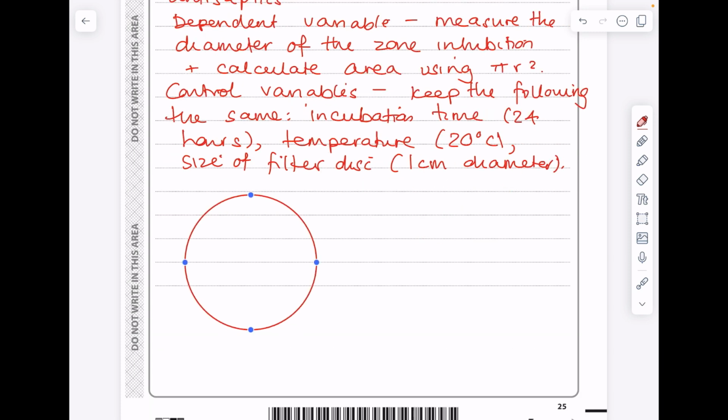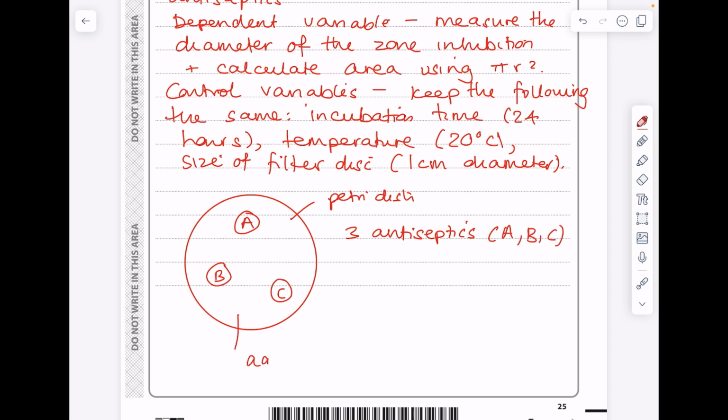Let's add a description of the method. So there's our Petri dish containing agar. Here's our 3 antiseptics, A, B and C. We've got our agar jelly.